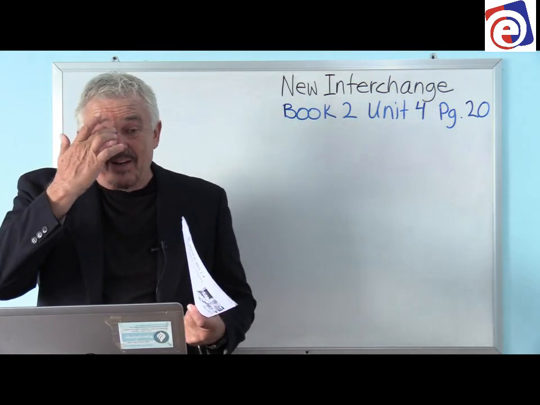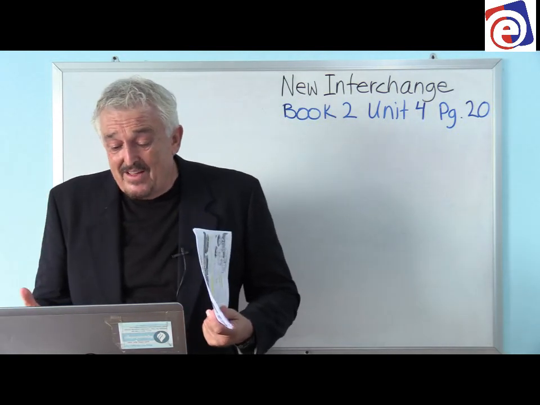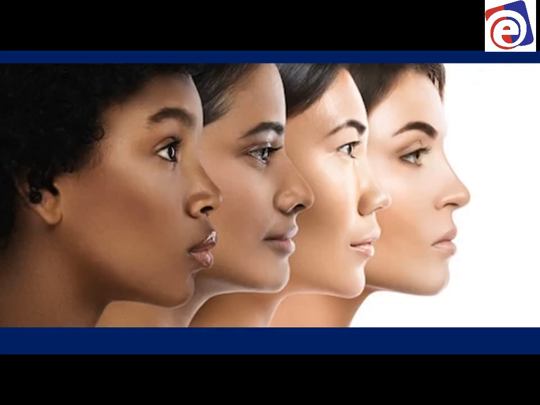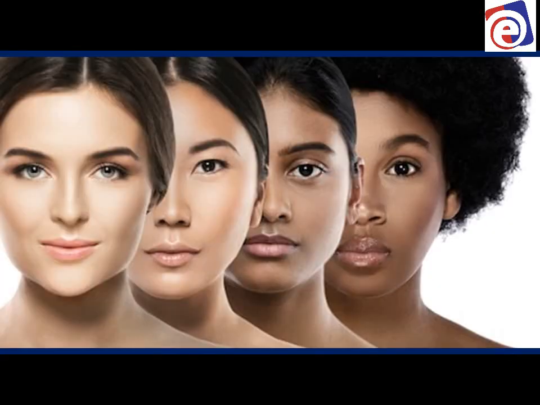You can take a look at some pictures now. You see the 4 women. These are different races. You can see the hair is different, the nose is different, the lips are different, the eyes are different. Let's look at the front side so you can see it more clearly. We have the Negroid race, the Mongoloid race, the Caucasian race.